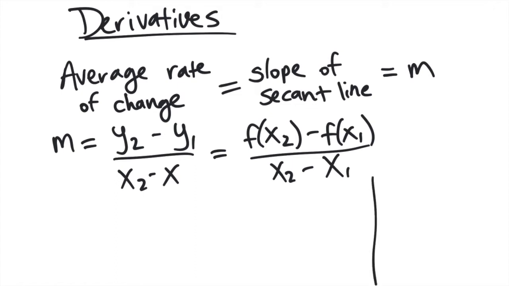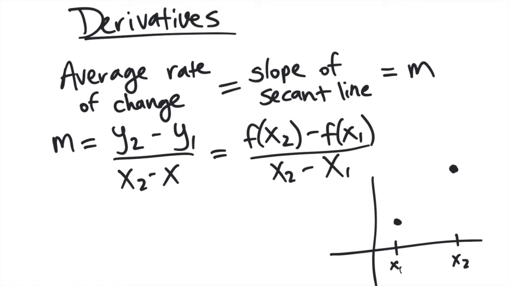So let me pull up a graph here a second. And let's say you have one point right here. We would have called this x1, and the other point we would have had a coordinate of x2. And you could look at the y values as well, but we're really just going to focus right now on the x coordinates. Okay, so x1 and x2. Instead of using x1 and x2 like we've been doing in the past, we're going to use something a little bit different when we jump to talking about a derivative or an instantaneous rate of change.